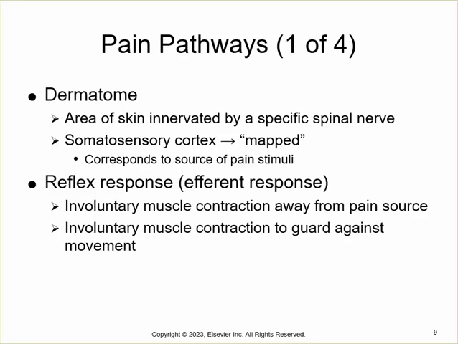Your middle finger and the palm of your hand and up the center of your forearm is C7. Your ring finger and your little finger and the ulnar side of your forearm is C8. Your armpit is T1. And we call those areas dermatomes.